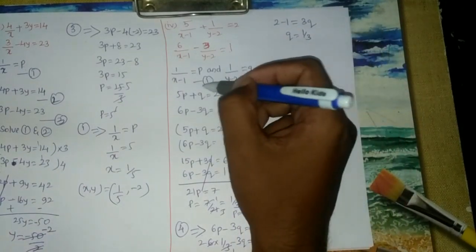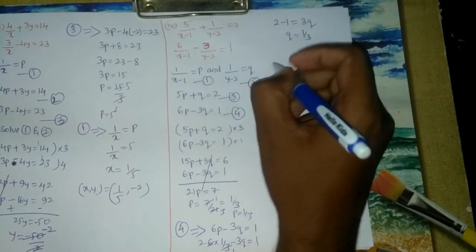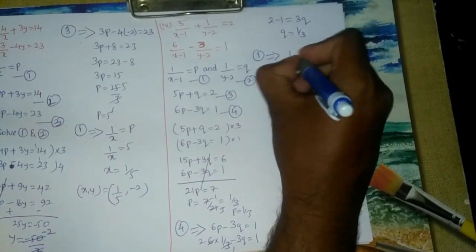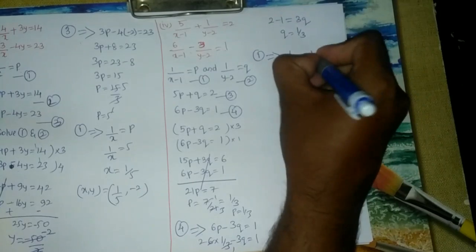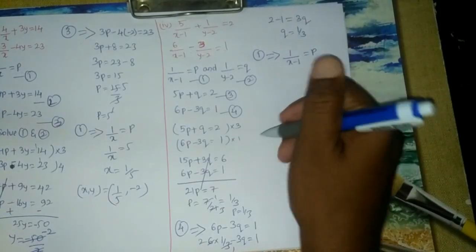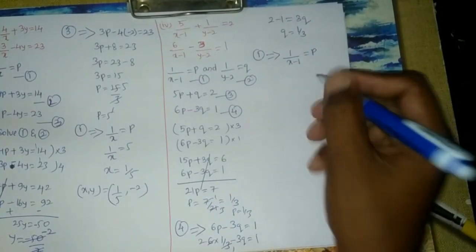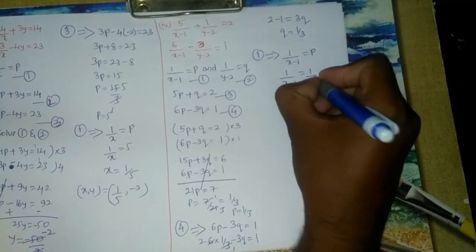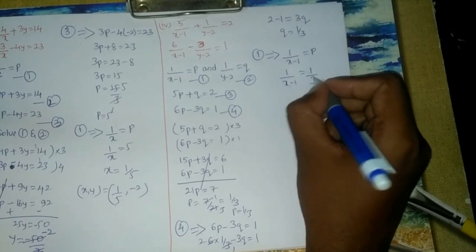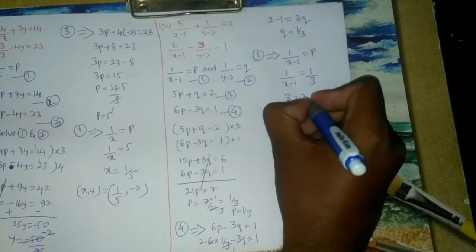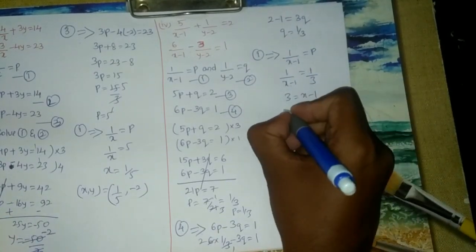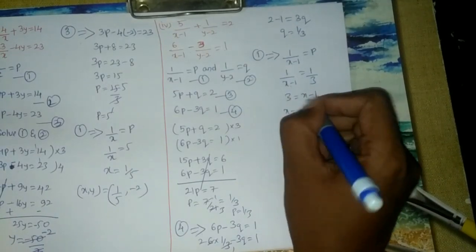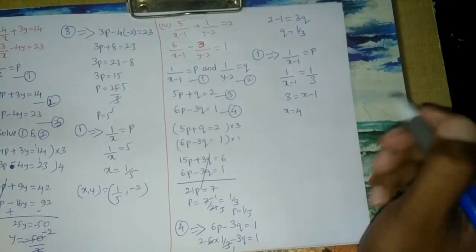We want to get the value of x and y, you have to use equation 1 and 2. So equation 1 is 1 divided by x minus 1 equals p. The value of p is 1 by 3, that I will substitute here. So p is 1 by 3, cross multiply: 3 equals x minus 1, or x equals, send this 3 to LHS, it will be plus 1, 3 plus 1 is 4.